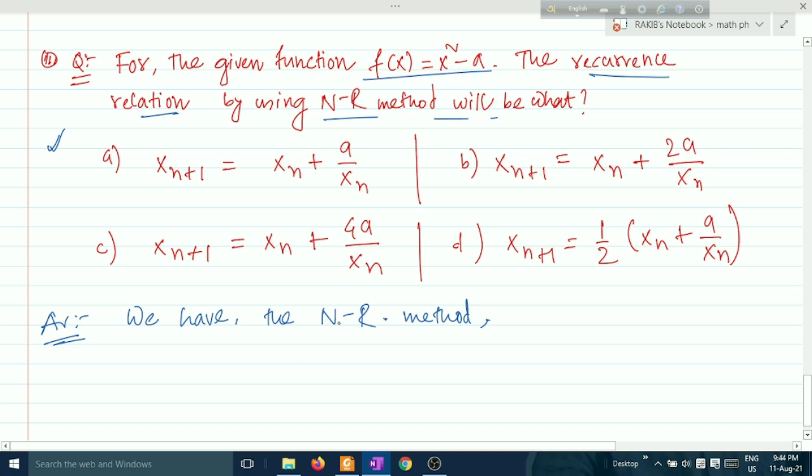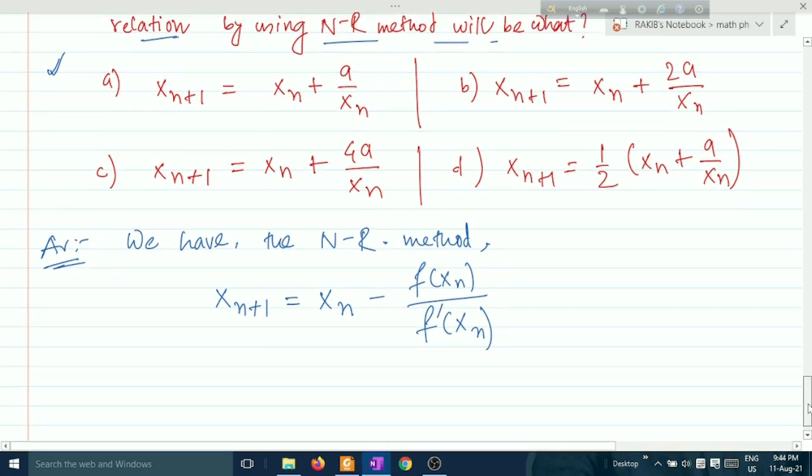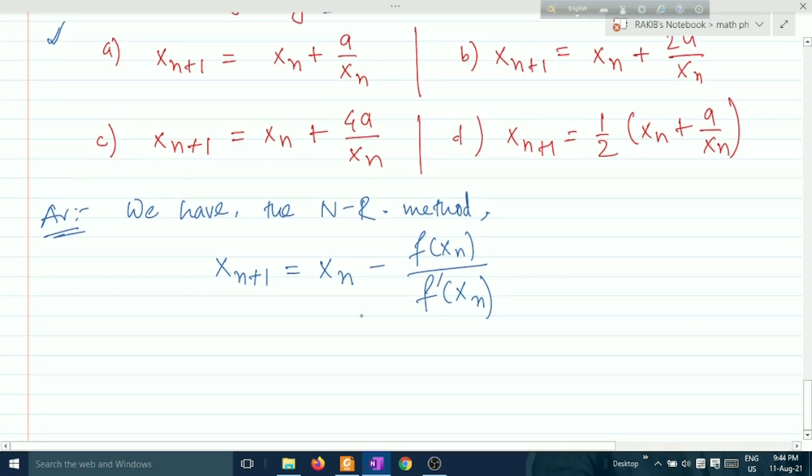So we have the Newton-Raphson method: xn plus 1 is equal to xn minus f of xn by f prime of xn, the first derivative. What does this become?